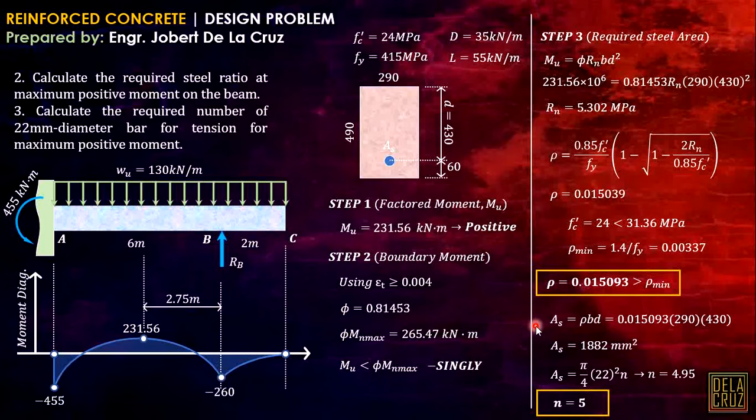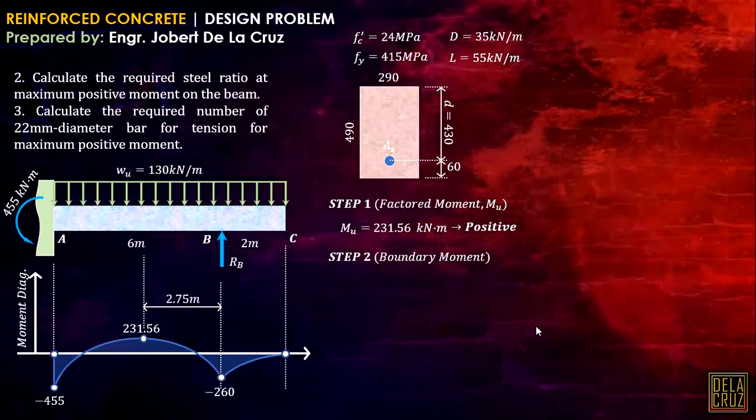Okay, so we will use another common boundary here, the 0.005 strain. As you remember, this corresponds to tension controlled. Okay, so I advise my students that this is what we use when we have quizzes or exams, this boundary, 0.005.